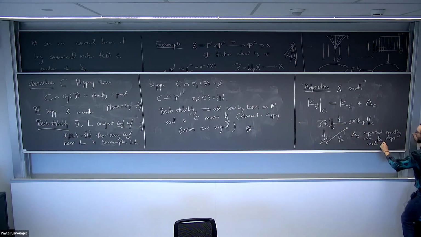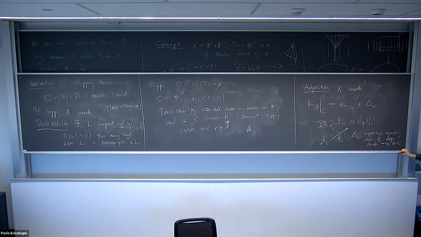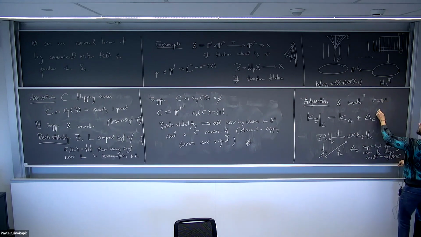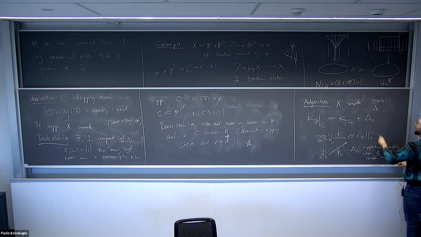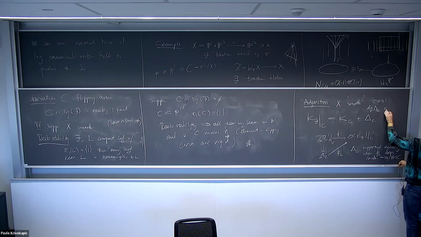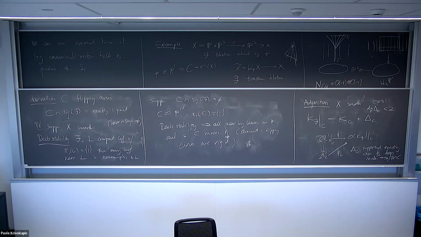So this is equal to Sing F intersected with C. And so we see now that if C is P1, delta_C is an integral divisor, and the degree of delta_C has to be strictly less than 2, which implies the degree of delta_C is exactly 1. And so we actually get that we have exactly one singular point.